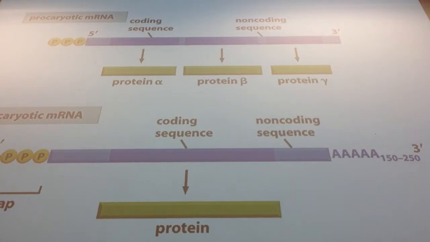And the next thing that occurs is the removal of introns, which is RNA splicing. We'll talk about RNA splicing at the end.